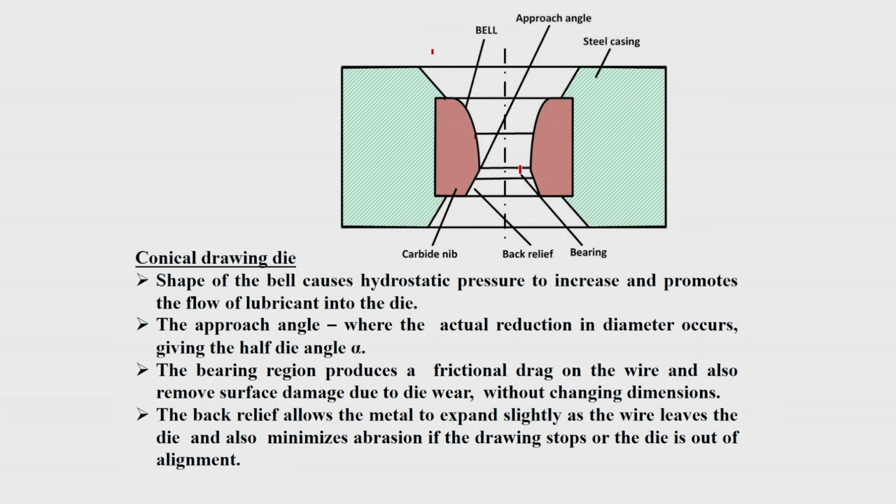It is a parallel region, so any surface damage due to frictional drag that takes place is taken care of as the wire passes through the bearing region, and it reduces die wear.